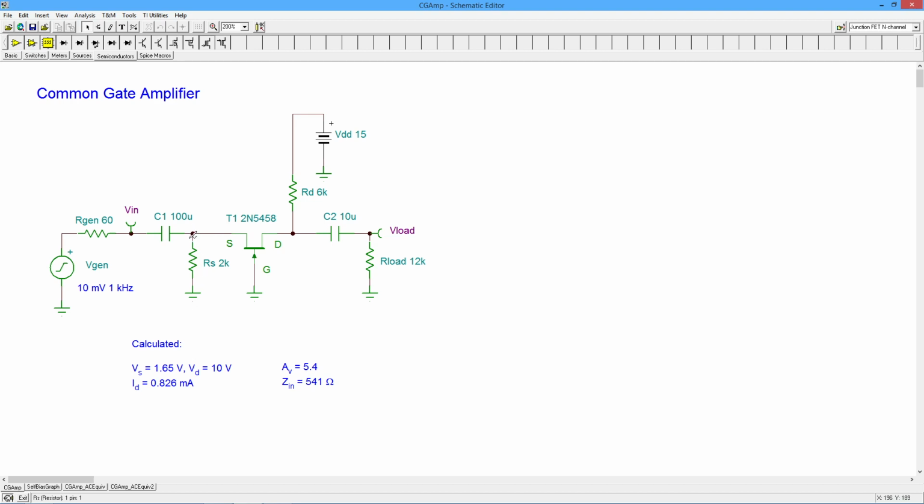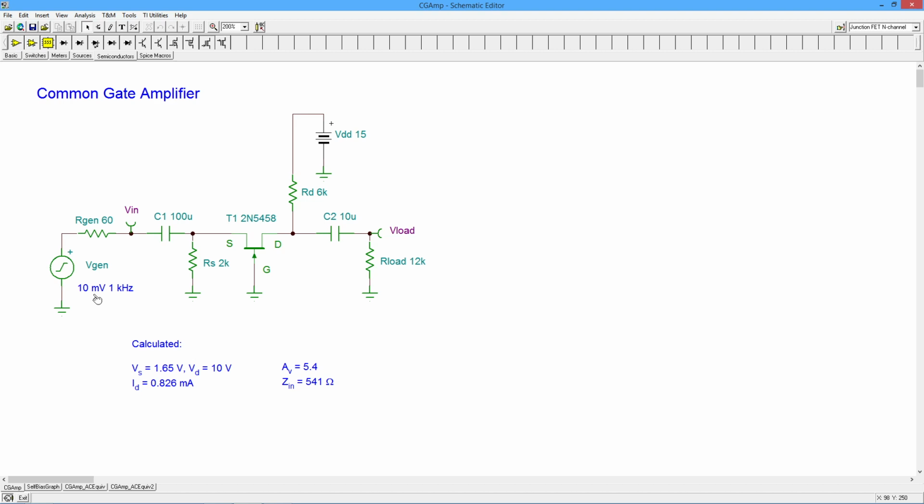Like I said, I'm going to lose about 10% because of Rgen. About 9 millivolts out here. Okay, and then that is going to be multiplied by our gain, and we'll see the appropriate load signal out here. I've kept this pretty small because I don't want to see a lot of distortion in this amplifier. Again, there's no swamping characteristic here.